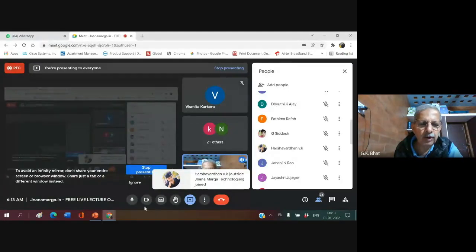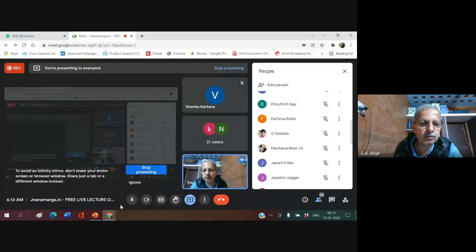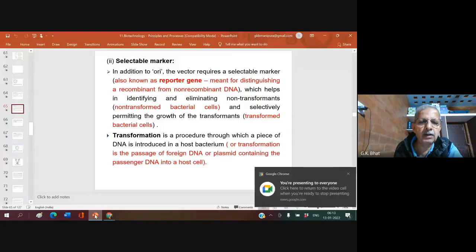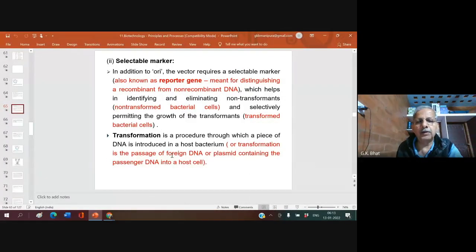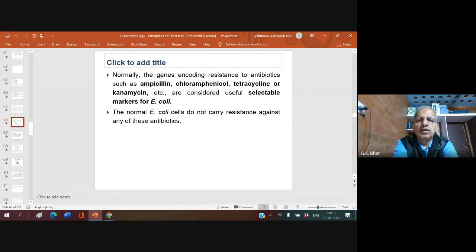Now, that is why we wanted this to be incorporated into the plasmid. Transformation is the passage of foreign DNA or plasmid containing the passenger DNA into the host cell. Right? Now, normally the genes encoding resistance to antibiotics are present in some bacteria, not in all.